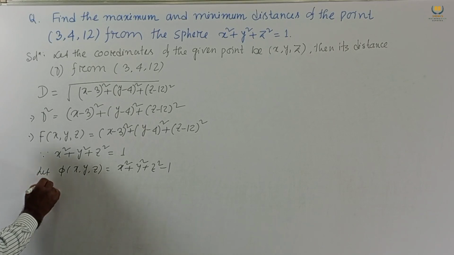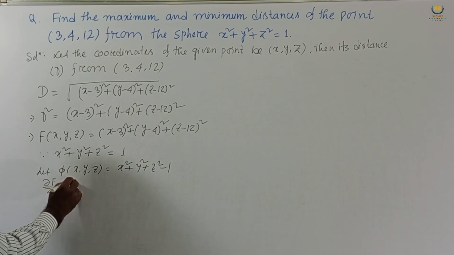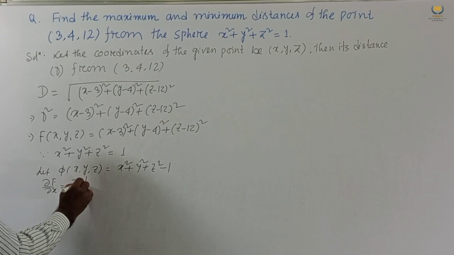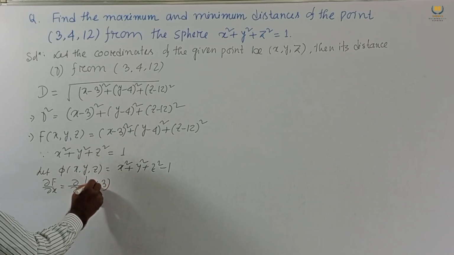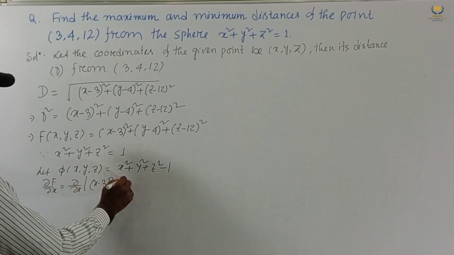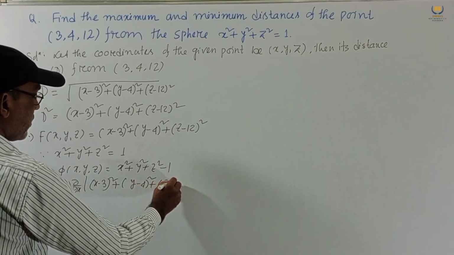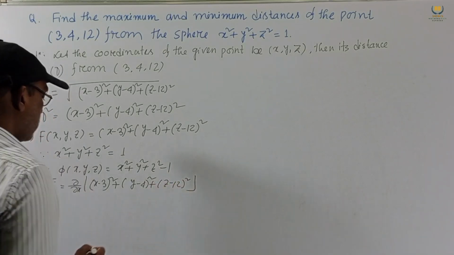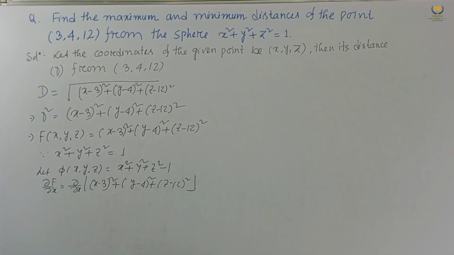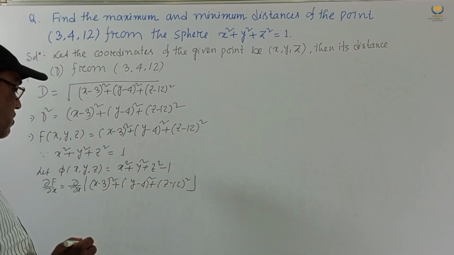Now del f. Directly we can find del f by del x, which is the partial derivative of (x − 3)² + (y − 4)² + (z − 12)² with respect to x, keeping y and z constant.